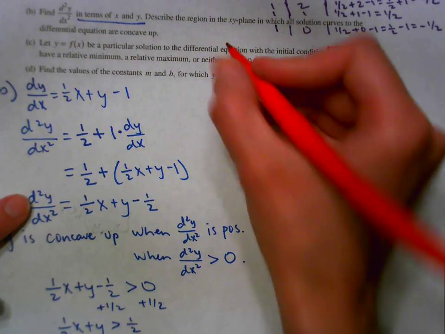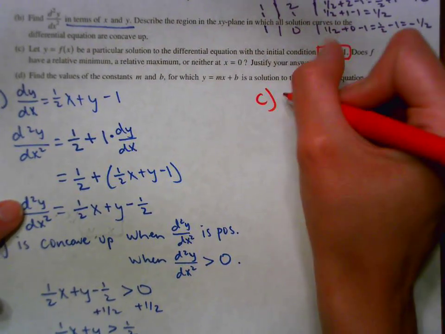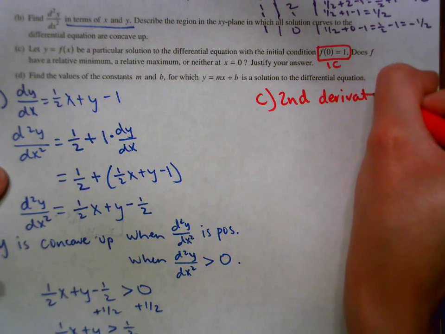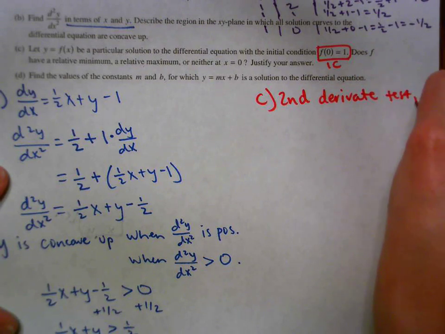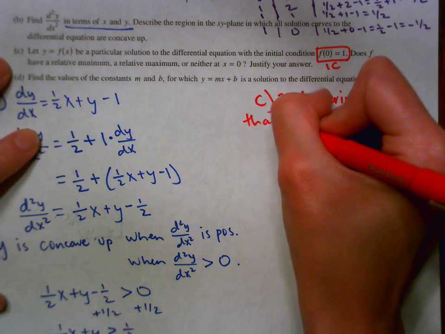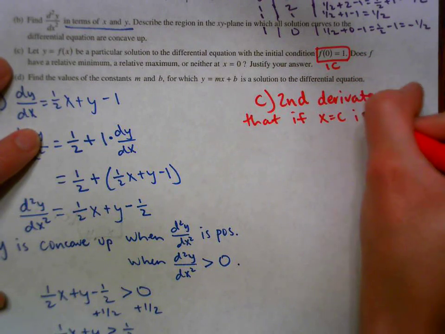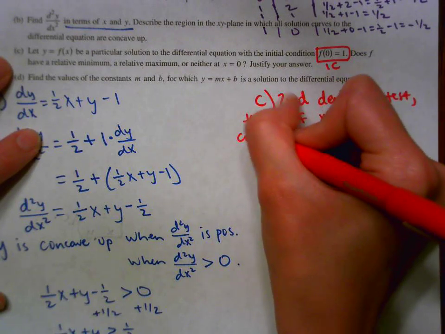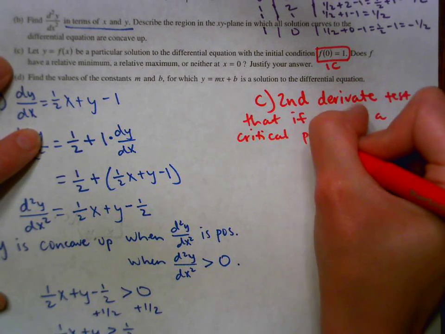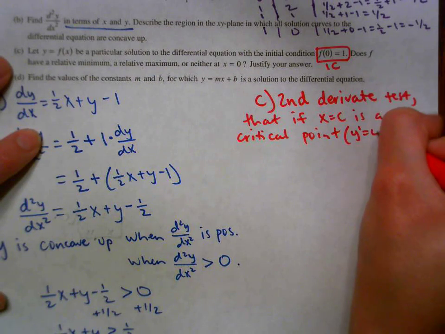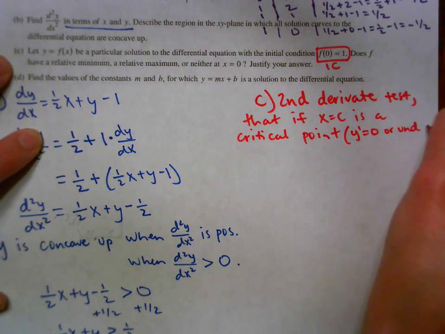Here, I'm going to write this down. The second derivative test, you don't have to write this down on your free response, states that if x equals c is a critical point, so what does that mean? A critical point means y prime equals 0 or undefined.